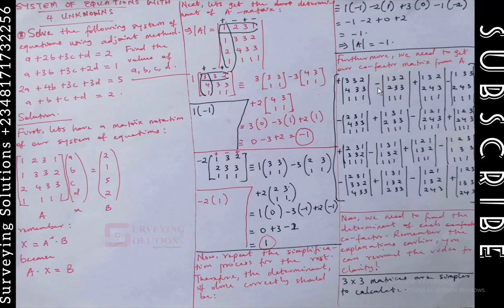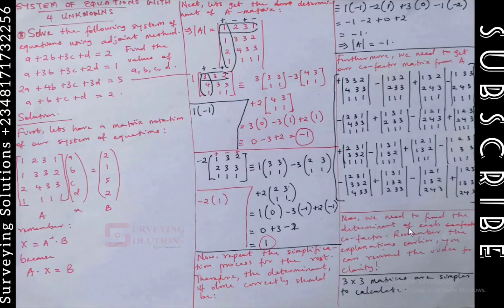If you follow through as we have extracted the cofactor for each of these elements, you should be able to arrive at these values, right? Good. So please take your time, pause the video, and see if you can arrive at the same values as we have gotten for the cofactors of the other elements, right? Good.